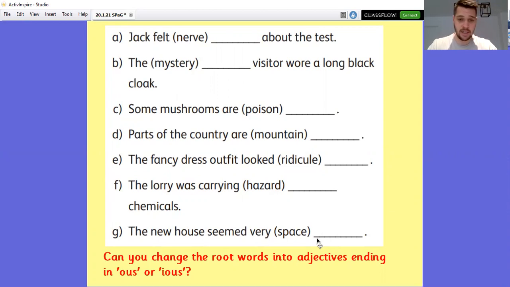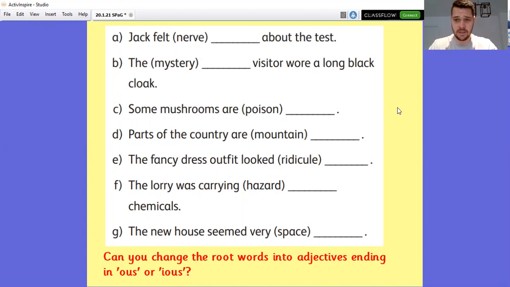Do you need to add IOUS? Do you need to chop away any letters? Hopefully you can do this without looking at the word list. If you need to go back to your focus words that you practiced once on Monday, that's absolutely fine. Whatever you need to do to help you memorize your spellings.